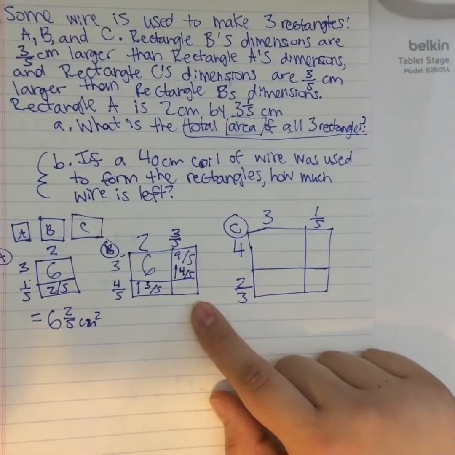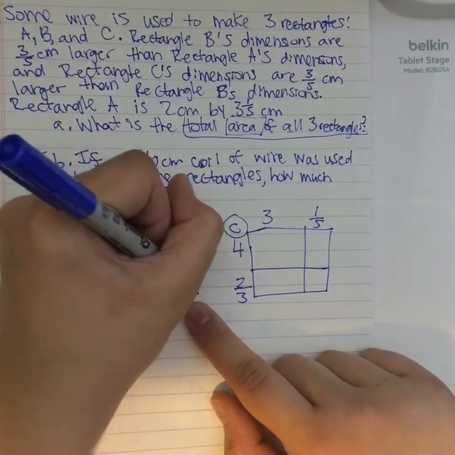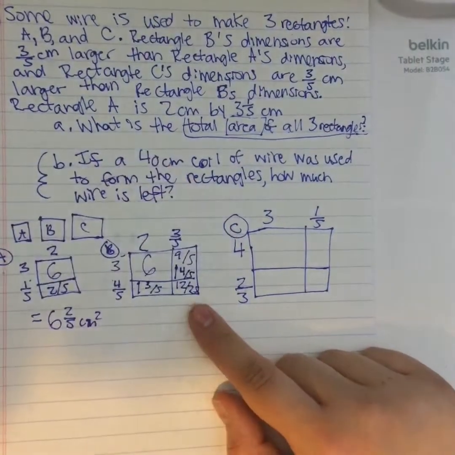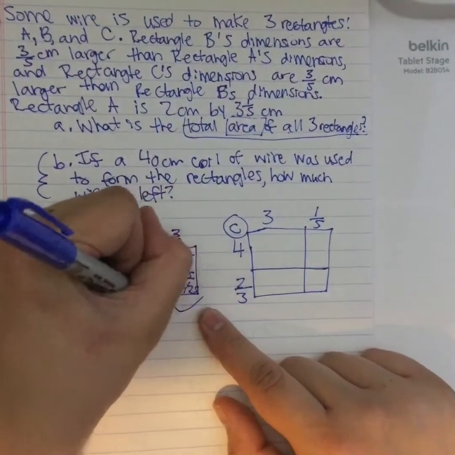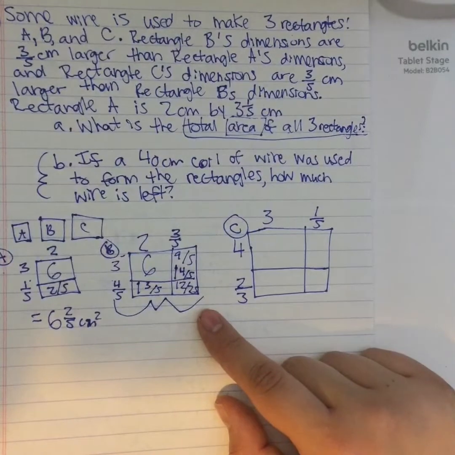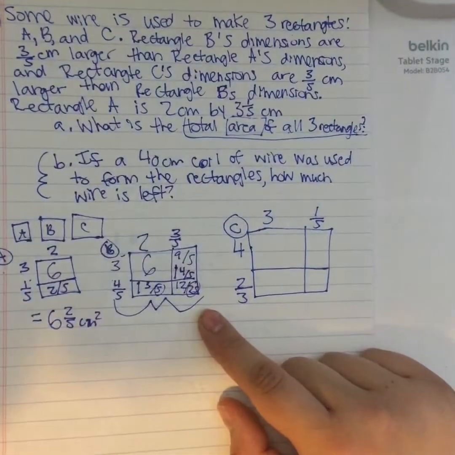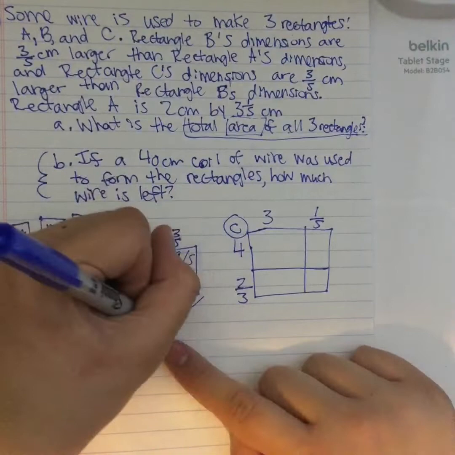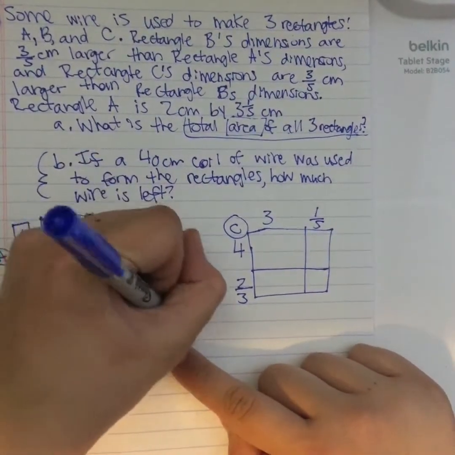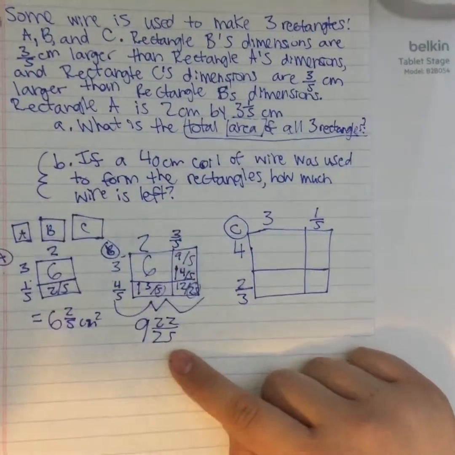And 3/5 times 4/5 equals 12 25ths. If we add all of those up, go ahead and pause and add all of those up, and then check your answer with me. Remember, least common denominator. So, if we add all of those up, we get 9 and 22 25ths.